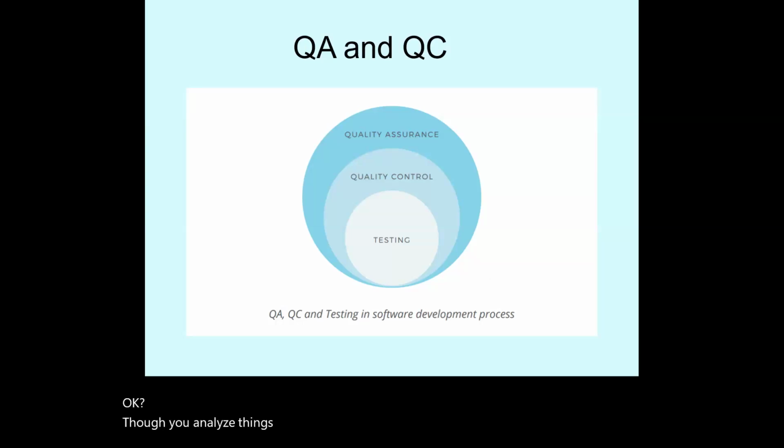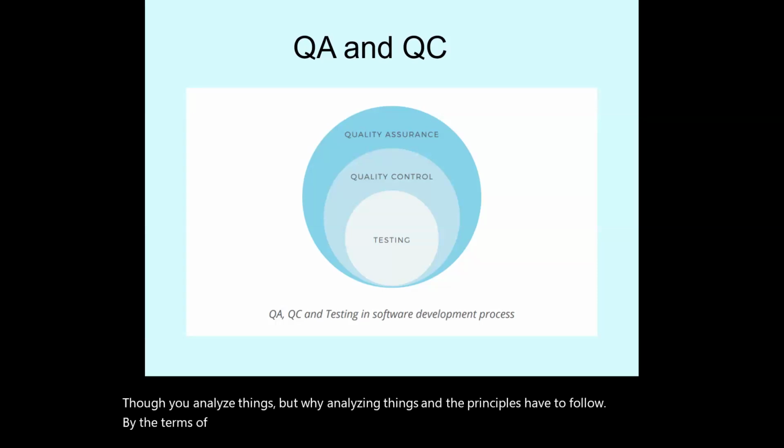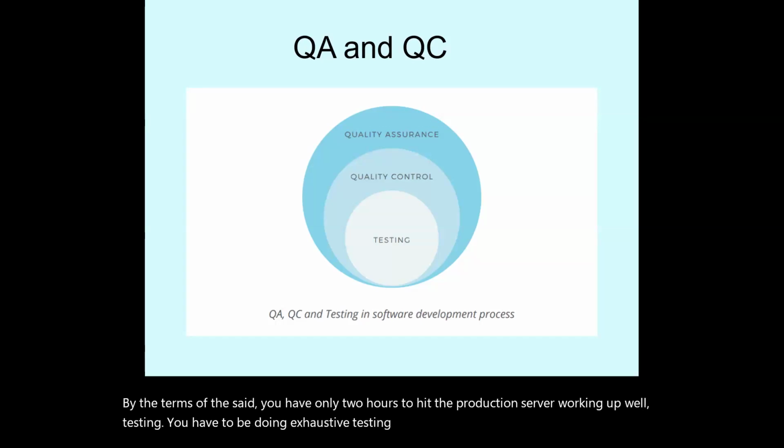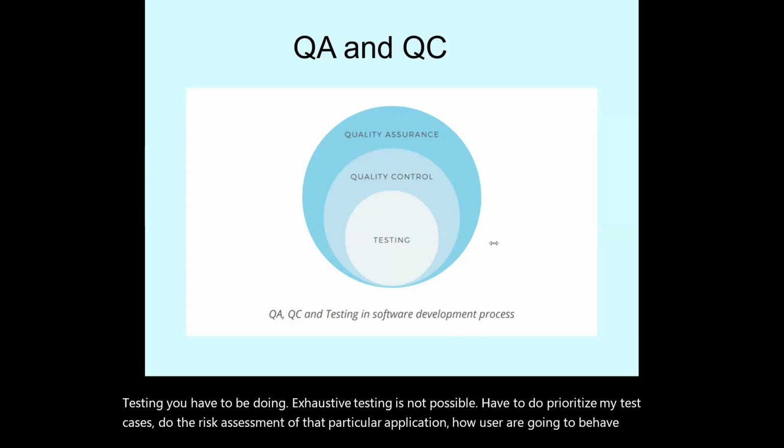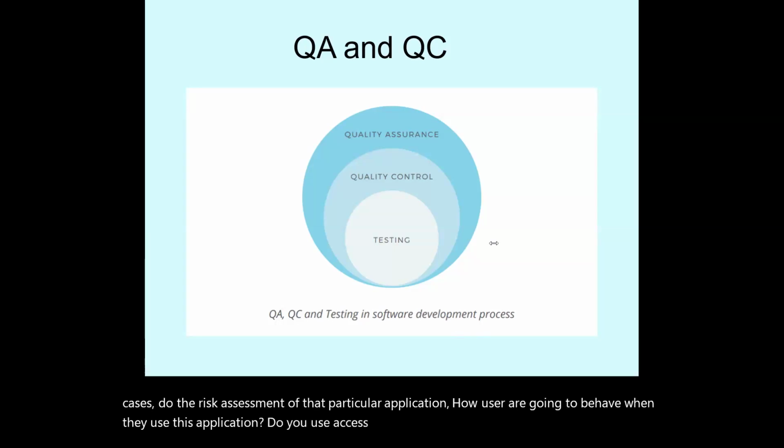While analyzing things, the principles have to be followed. Like, if they said you have only 2 hours to hit the production server, what kind of testing would you do? Exhaustive testing is not possible. I have to prioritize my test cases, do the risk assessment of that particular application, and consider how users are going to behave when they use this application. I'll do the risk assessment and prioritize the ones that are more important for them to use.